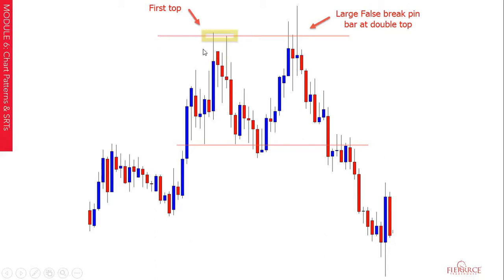And when you see two significant, or sometimes more, formations like this, this is what is known as a double top pattern. Hopefully that makes sense.